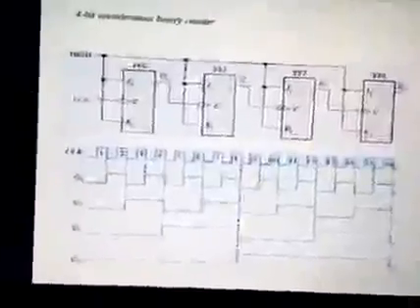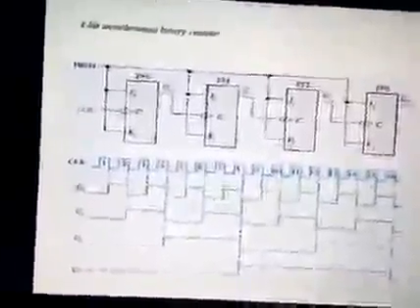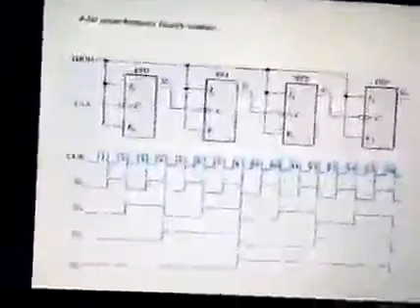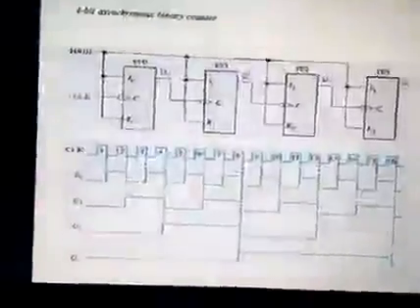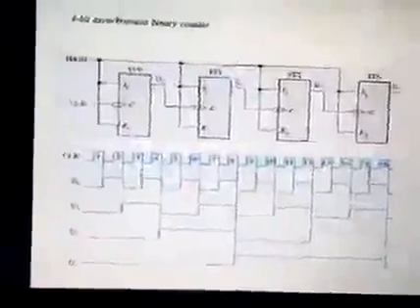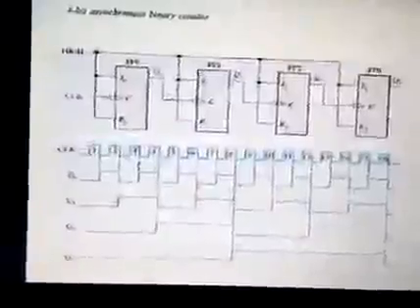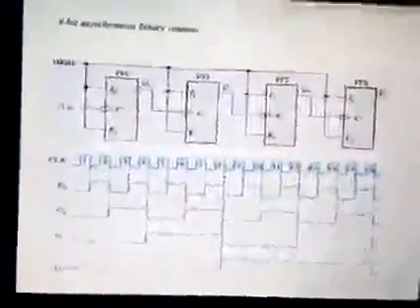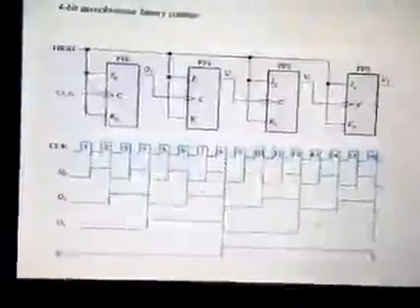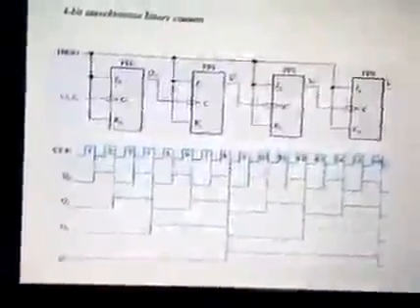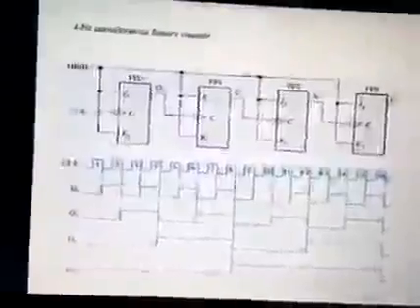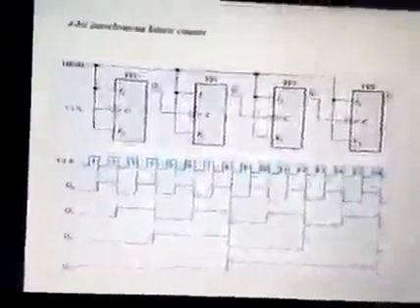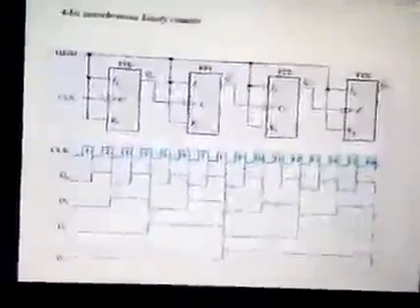FF0 operates every clock cycle, because it gets the independent clock pulses and data input, and gives the output. But flip-flop 2 responds when the negative edge is triggered, it gets the data and gives the output. Same as flip-flop 3 and flip-flop 4.